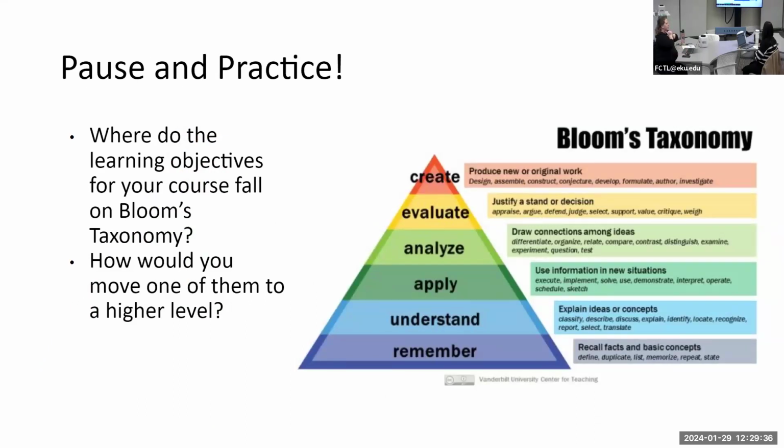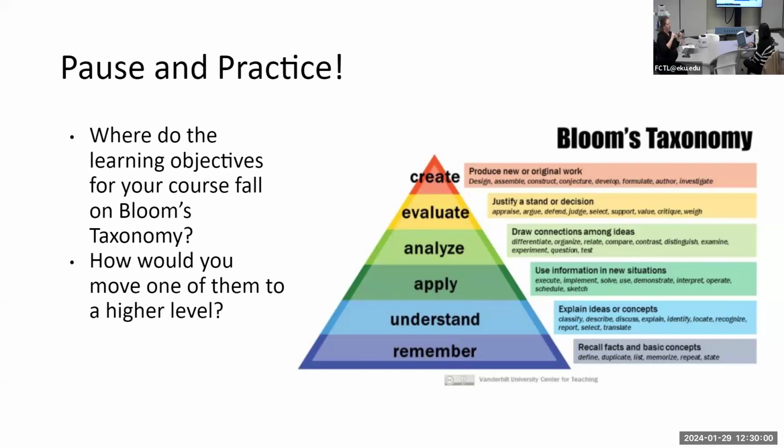So we're going to pause, and I want you to think about or pull up a syllabus. For this exercise, you can work either on a class level, like a course objective, or on an assignment level. I want you to think about where your learning objectives for your course really fall on Bloom's taxonomy.